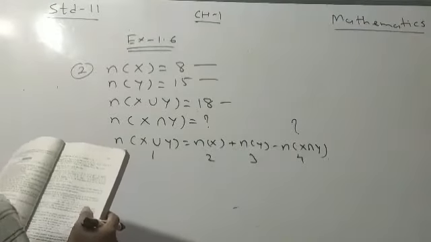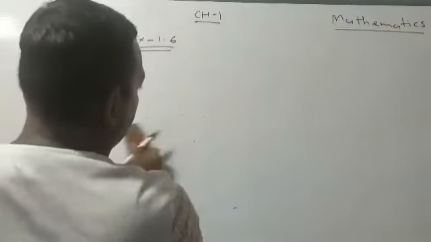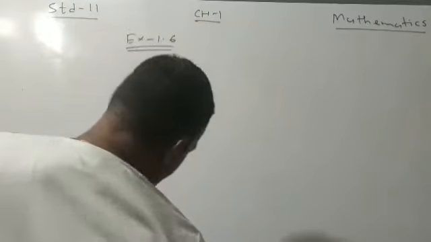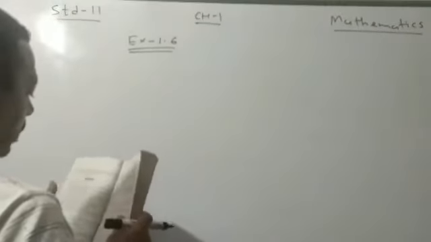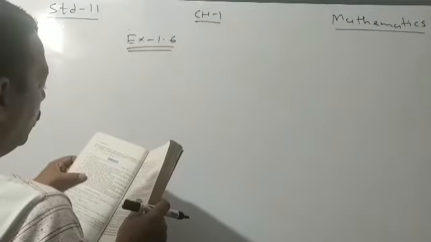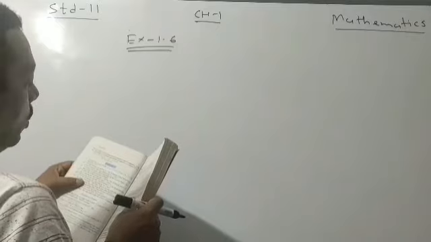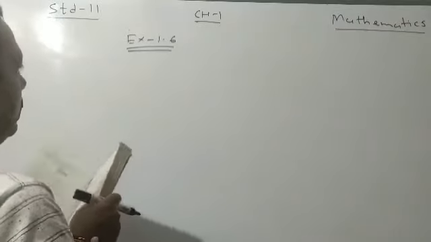Now the next question, question number 3. See, all the questions of 1.6 are word problems, so you have to read the question carefully. In a group of 400 people, so there are a total of 400 people, 250 can speak Hindi.